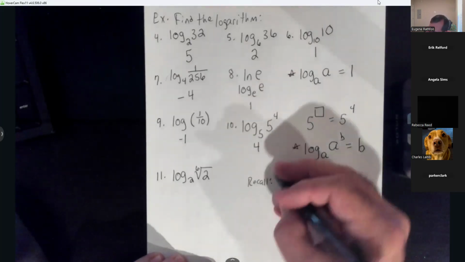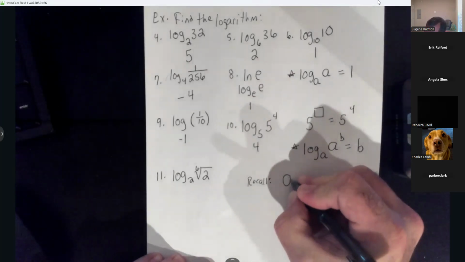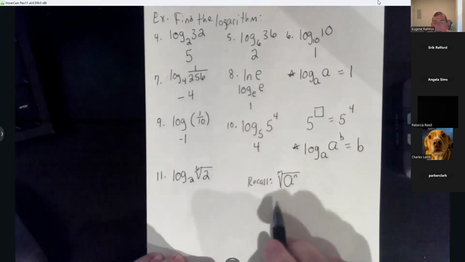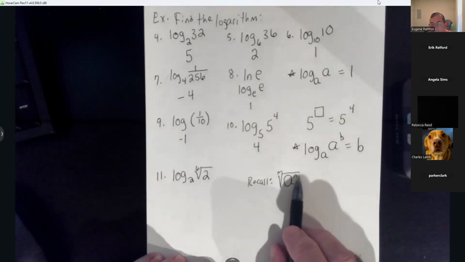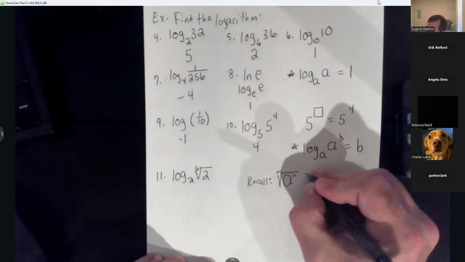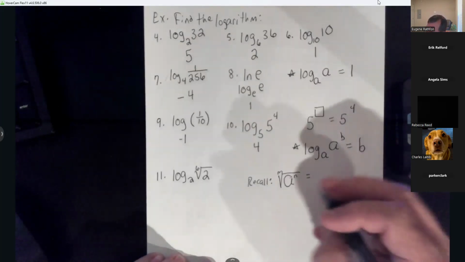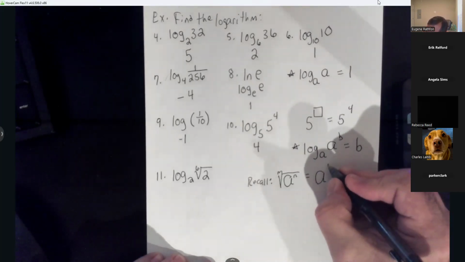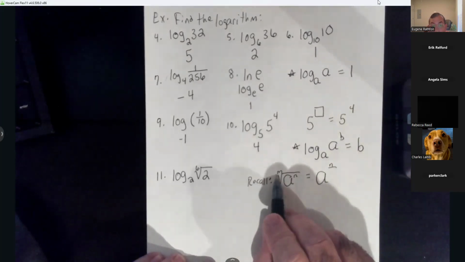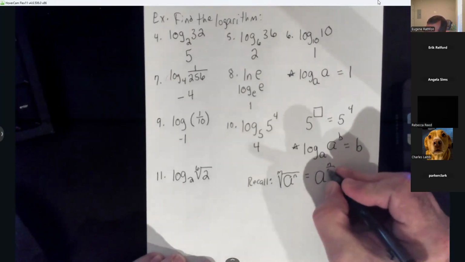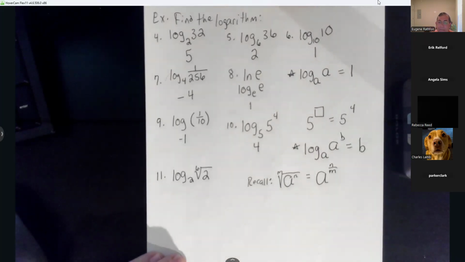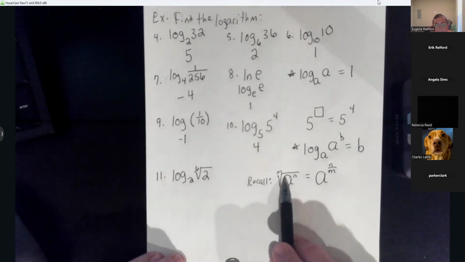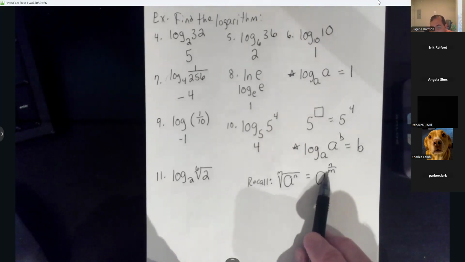We have a property that says the nth root of a to the m can be written as a with an exponent. Bring out the base, and then the m would be the top number of the exponent, and the root, which is the n, would be the bottom number of the exponent. This is how you convert from a radical into a fractional exponent.